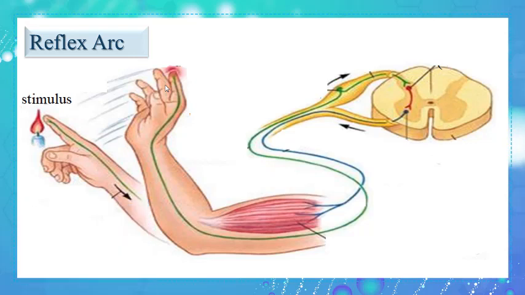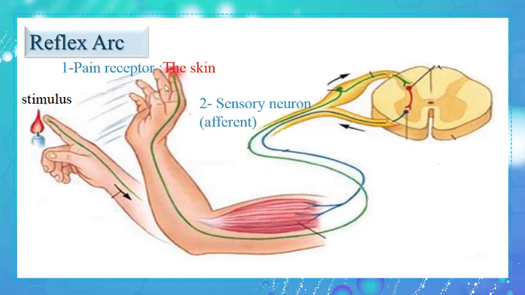The first element is the pain receptor, which happens to be the skin. The second one is the sensory afferent neuron that conducts the sensory messages. And the third one is the interneuron in the spinal cord responsible for integration of sensory messages.